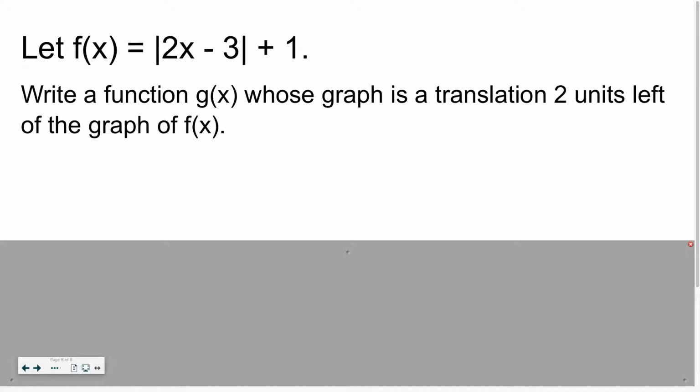Okay, so think about in function notation how you make something go to the left. It should look like x plus that number. So g of x equals f of x plus 2.